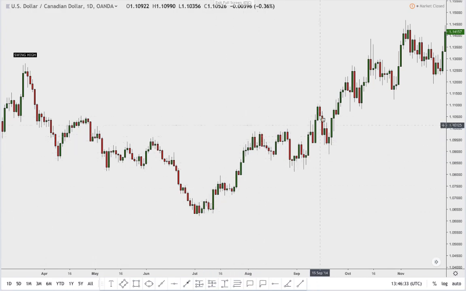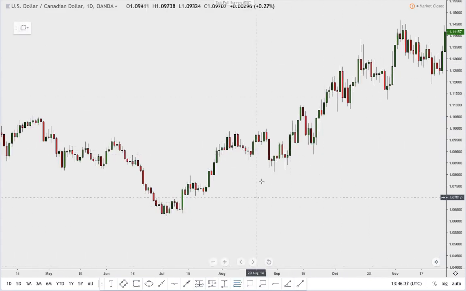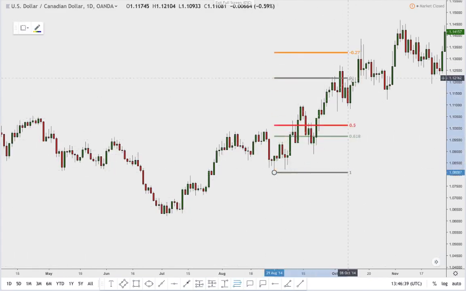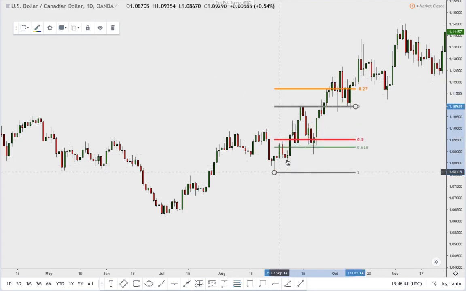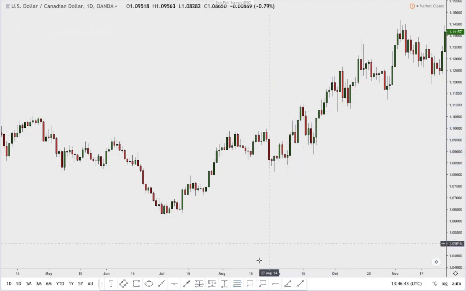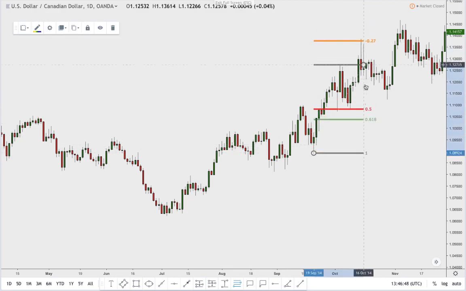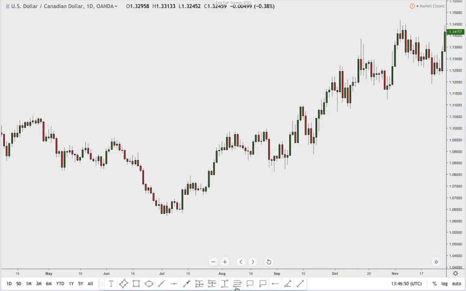anytime the market goes up, we always do that sequence, always do it. And you realize that even with that sequence, we always push up and pull back into Fibonacci. As you can see, we always push up.